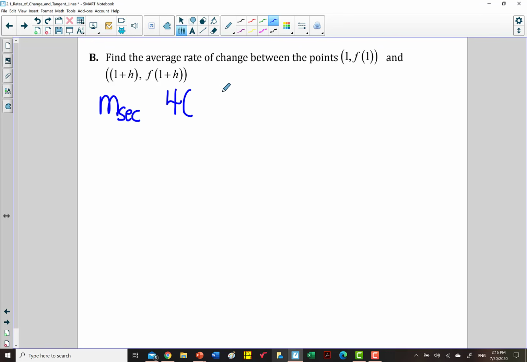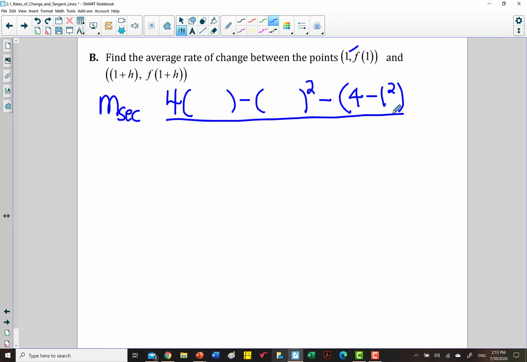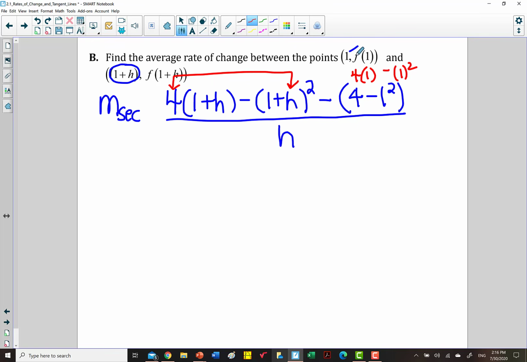So 4x minus x squared, and then we're going to substitute 1, 4 times 1 minus 1 squared, and divide that by h. So this is the x plus h. See our new x, we're putting 1 plus h and 1 plus h. So if you think about it, this is the 4x minus x squared, and this is the 4x minus x squared using the 1.